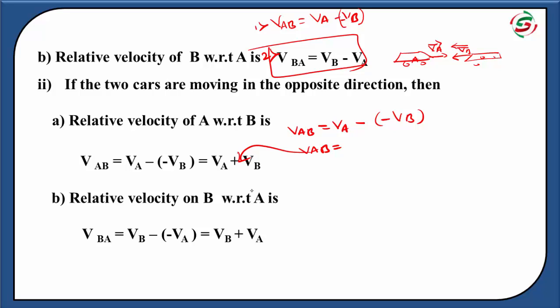The velocity of body A with respect to B is VA minus VB, or the velocity of body B with respect to A is VB minus VA. Moving in the opposite direction, VAB is equal to VA plus VB, or VBA is equal to VB plus VA. These are the equations of relative velocity. This is the last concept.